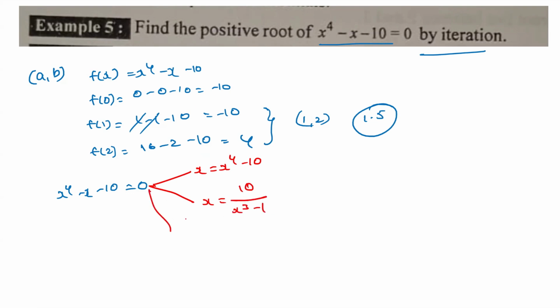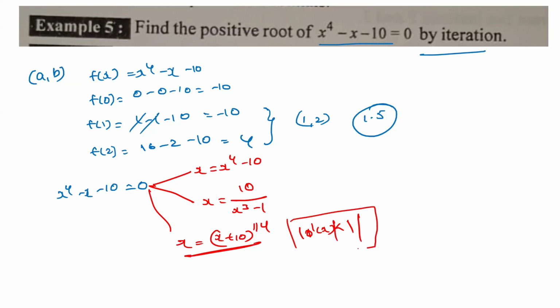I can also write this in the form of x is equal to x plus 10 whole power 1 by 4. Only this x is equal to x plus 10 whole power 1 by 4 will satisfy the converging criteria, that is phi dash of x is less than 1. You can also check that phi dash of x is less than 1 for this equation.